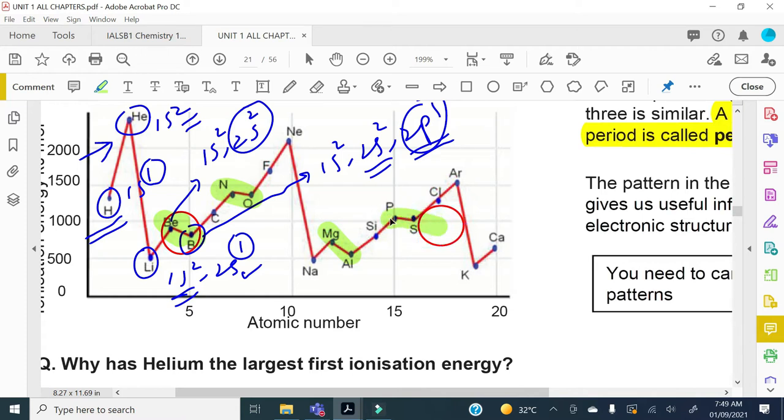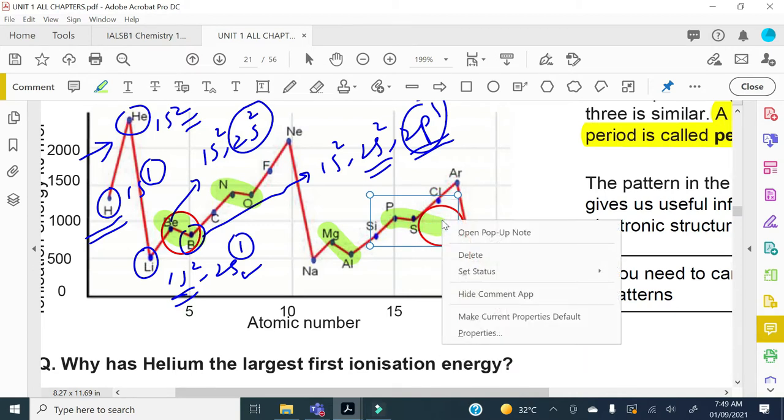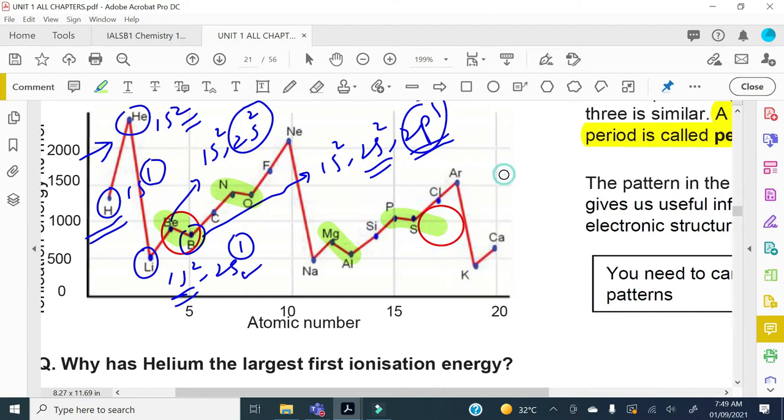Definitely they're going to ask you what happens to the ionization energy between group number 2 and 3, and 4, 5 and 6, since beryllium is in group 2 and boron is in group 3.